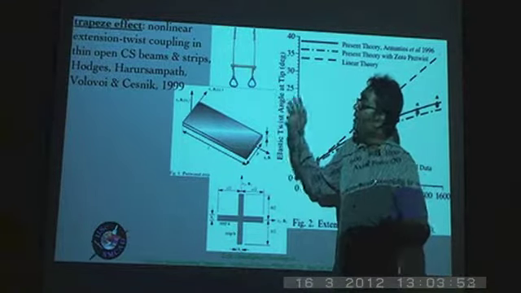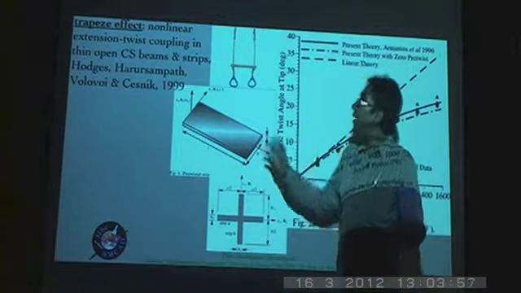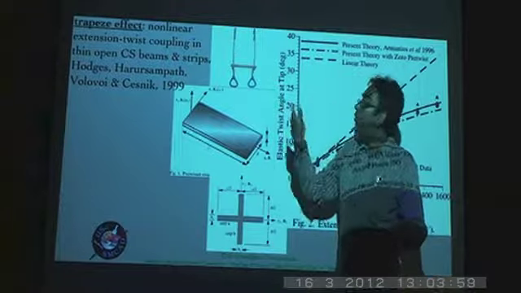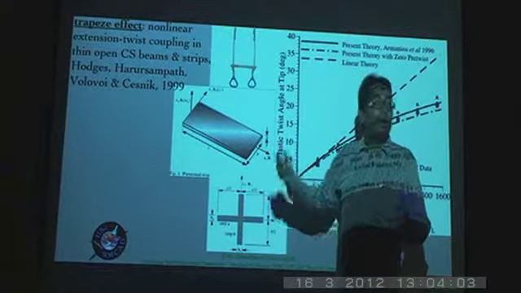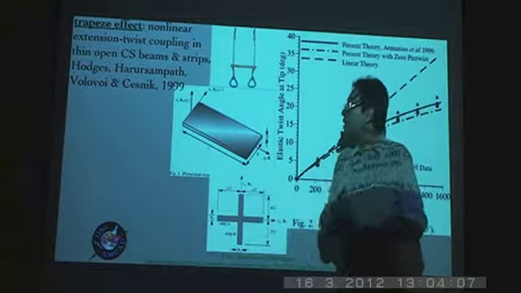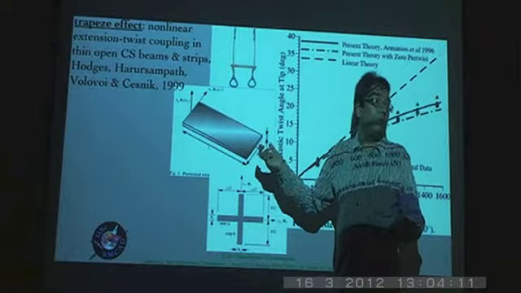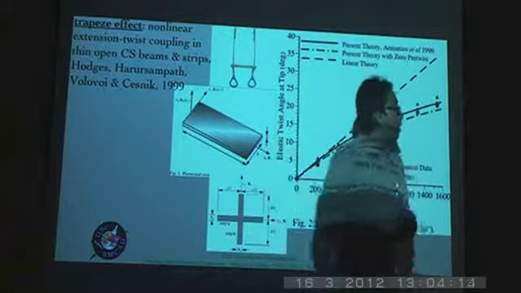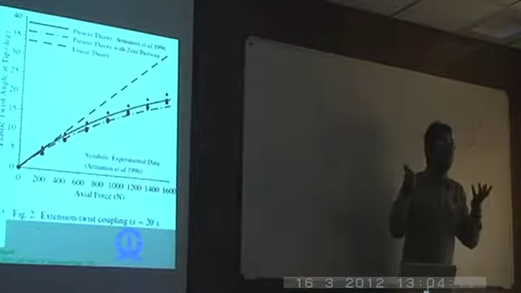So this extension twist coupling has been observed over a very long period of time and taken advantage of also for entertainment as well as other purposes, engineering purposes as well. But what is becoming more apparent over time in the last 1 or 2 decades is the high level of non-linearity in this particular effect. In other words, that particular S12, the fact that it is there itself is an extension twist coupling.